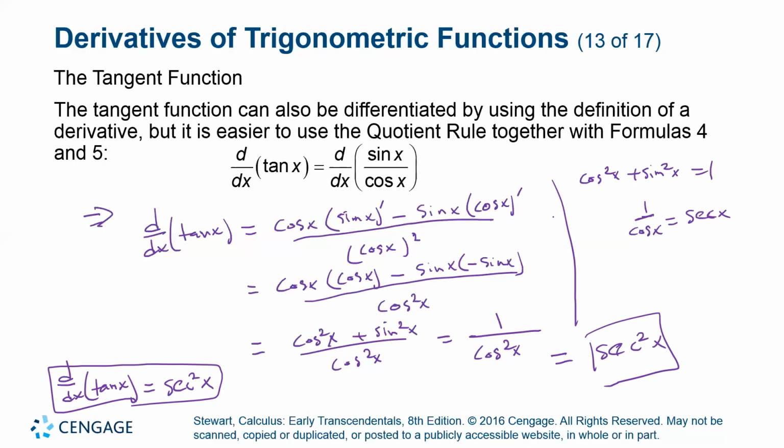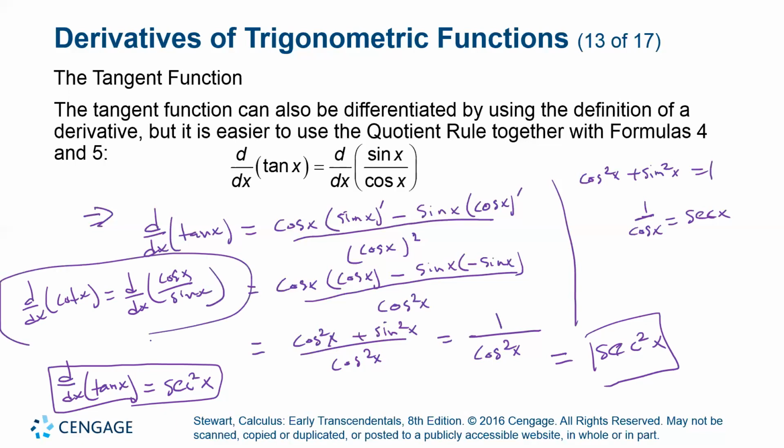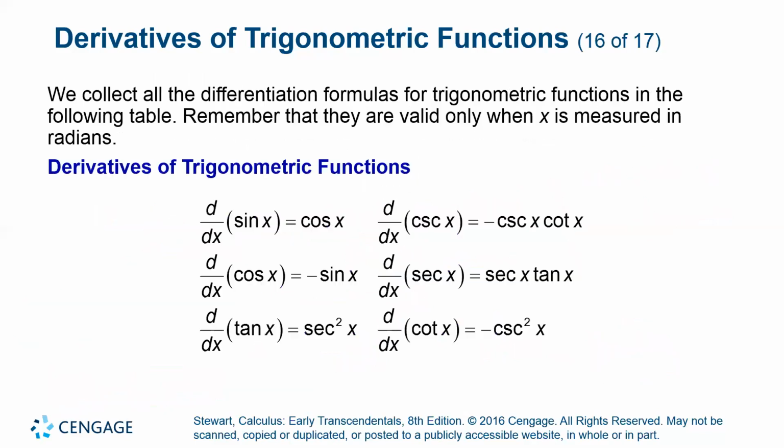You can use it to find the derivative of cotangent, which is the same as the derivative of cosine over sine. So you can do a similar thing and see what that is. So the six basic trig functions, if you differentiate: the derivative of sine is cosine.